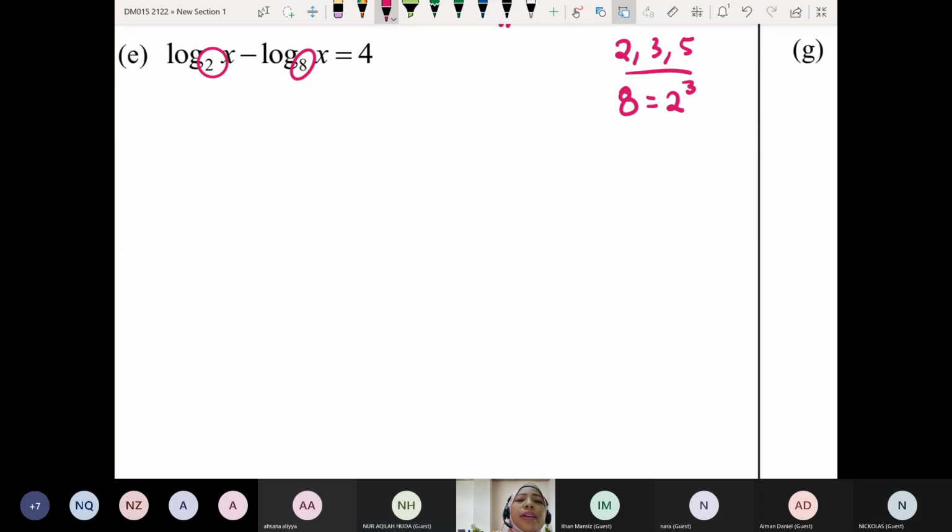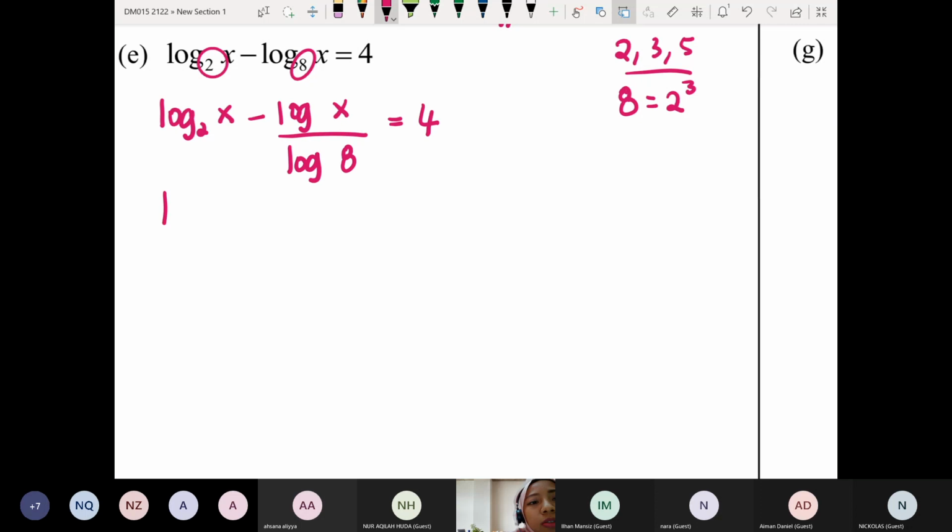Okay, so apa yang you buat adalah log 2x. Nothing you can do for the first term. But something you can do for the second term. Over log 8 equals to 4. Okay, log 2x minus log x. Log 8 tadi ni adalah log apa? 2 cube. To the power of 2 cube.